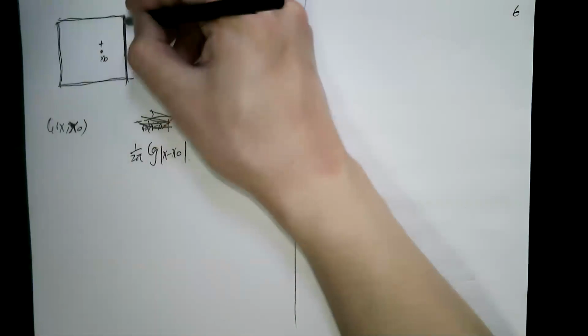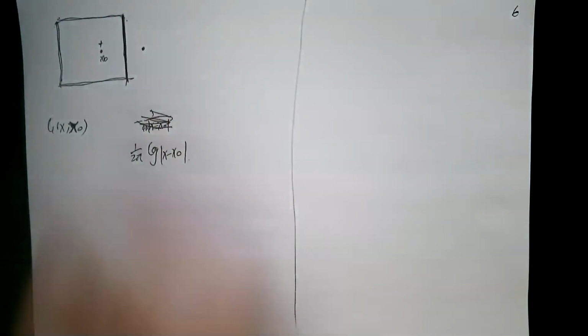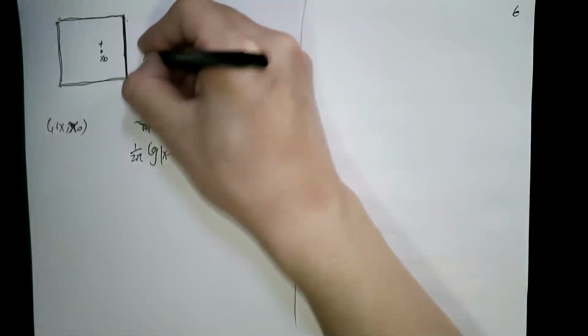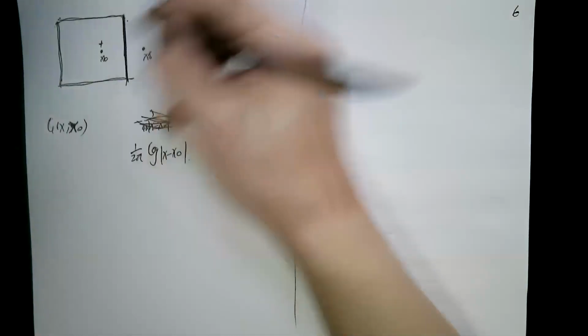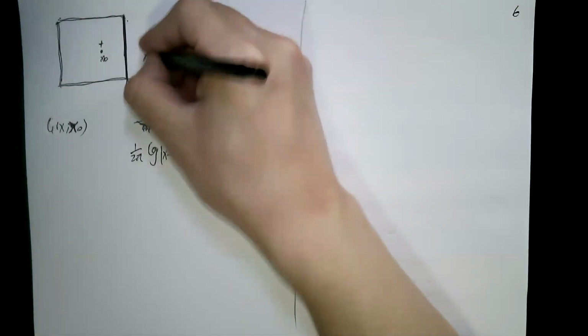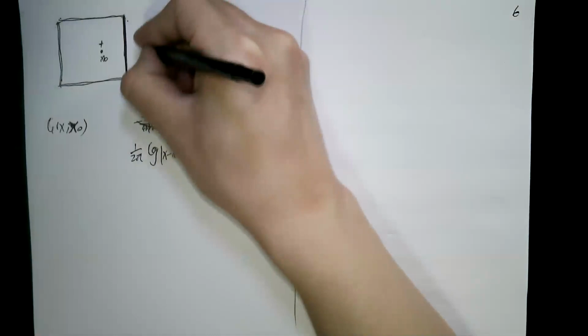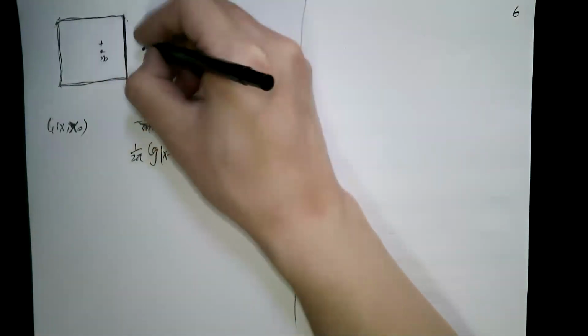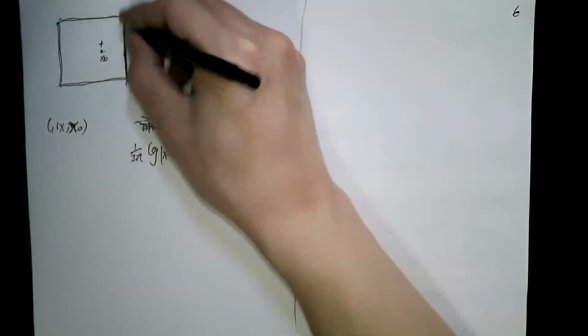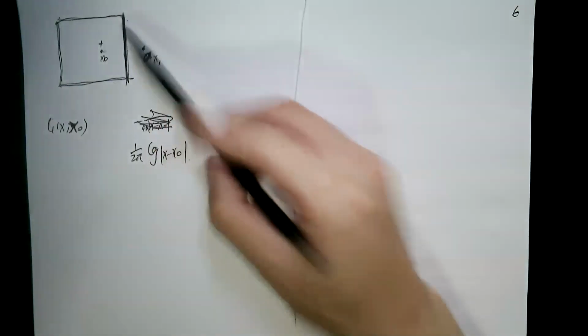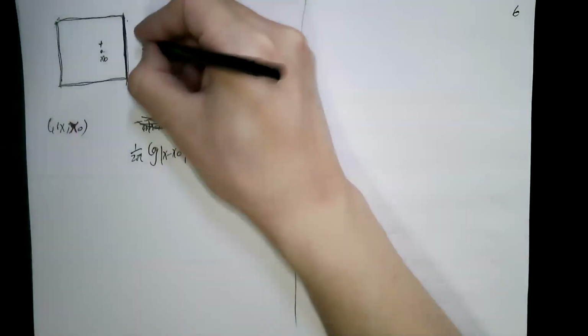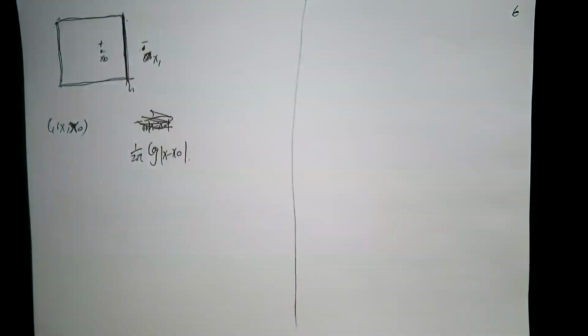If you want to make this line potential 0, then you have to put the reflected point x0 star. Let's call it x1, which has the same distance to this line L1. And we put a minus electron here so that the electric potential at L1 is 0.